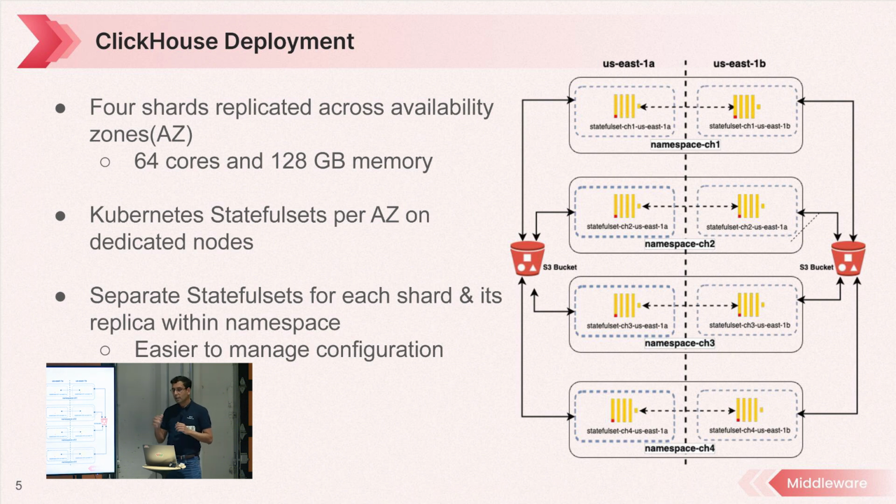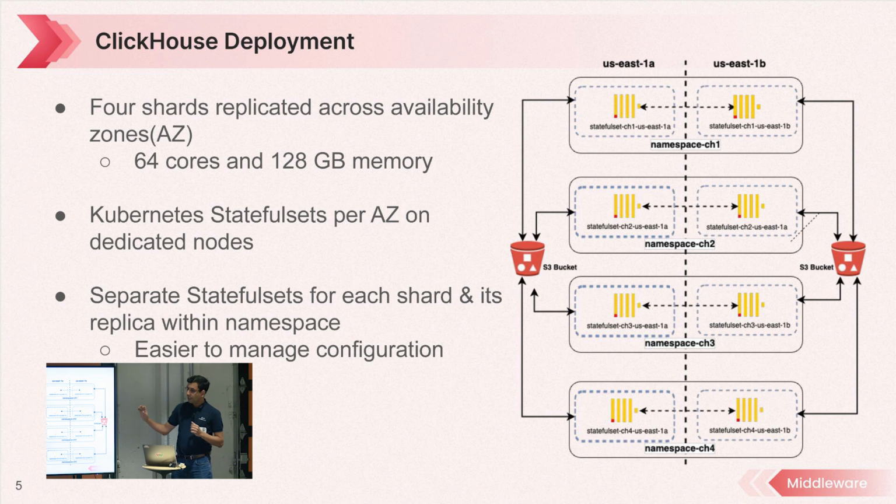They are stateful sets with dedicated nodes, so all these Kubernetes nodes are dedicated just for ClickHouse. We use Kubernetes node selectors, taints, and tolerations to make sure no other workload gets scheduled on these nodes.